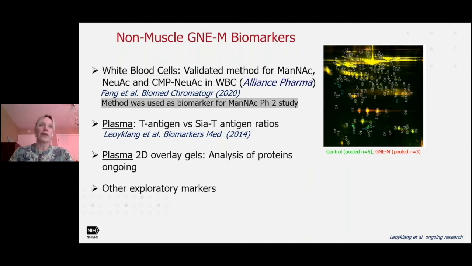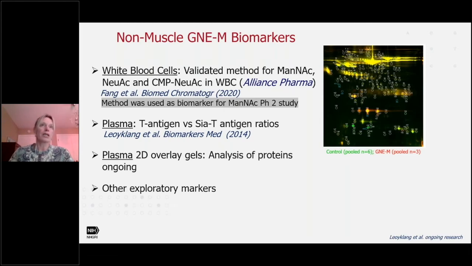and we found that the amount of the so-called T antigen versus the sialylated T antigen was increased in patients with GNE myopathy. There was more so-called T antigen circulating in blood.